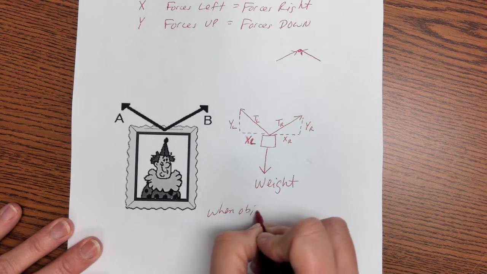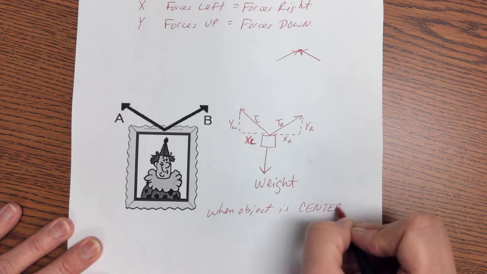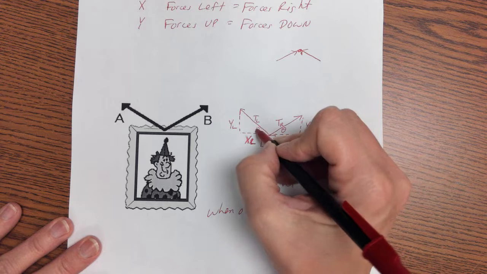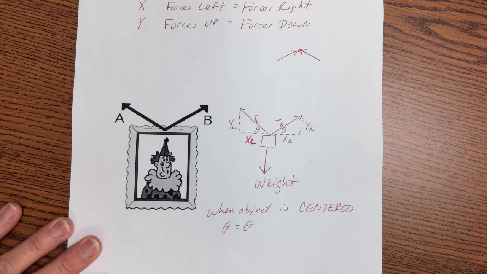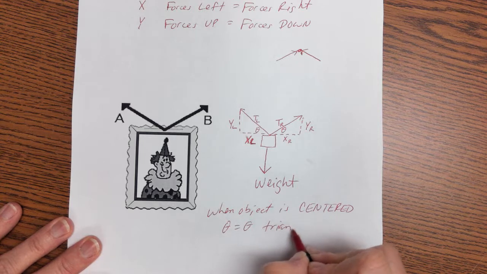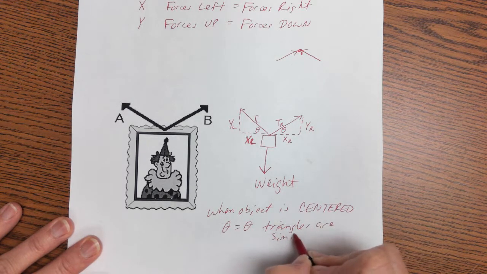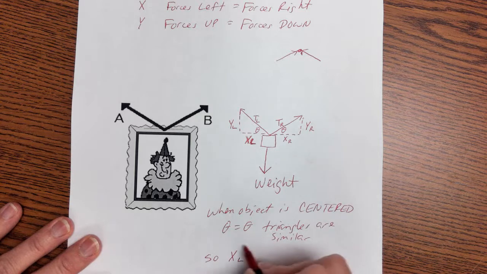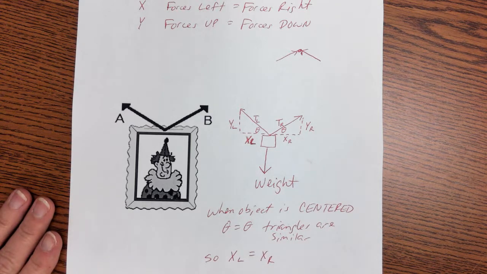When the object is centered, our two triangles are similar. So these angles are the same. The triangles are similar. Okay? So the X value on the left must be balanced by the x value on the right.